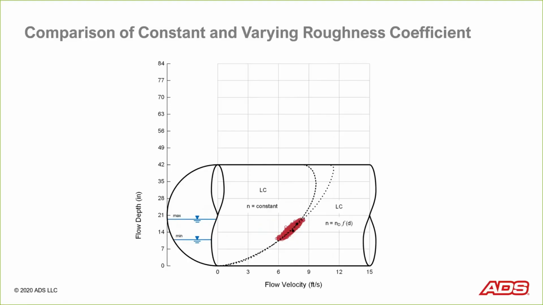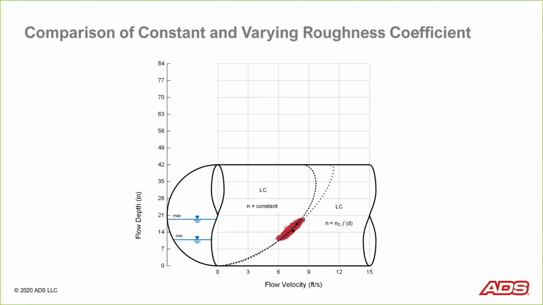These three methods that we've talked about today, the design method, the Lanfear-Cole method, and the Stevens-Schutzbach method, they can all be adapted to use that varying roughness coefficient. I've shown that here on this particular slide. So I've taken the same data set, and then I have actually curve fitted the Manning equation to it in two ways.